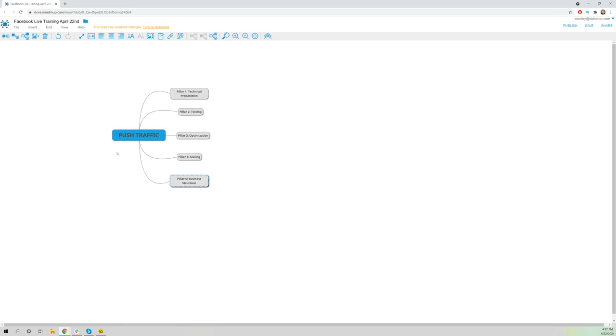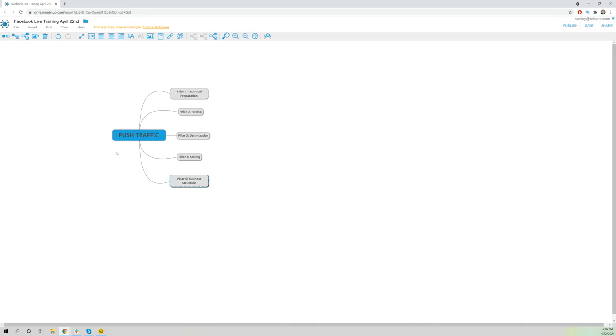Well, there are some small parts that are valuable for every media buyer, whether you're solo or whether you have a complete business, whether you're the boss of the business or just an employee. There are some parts of business structure that are always useful to know and to understand.